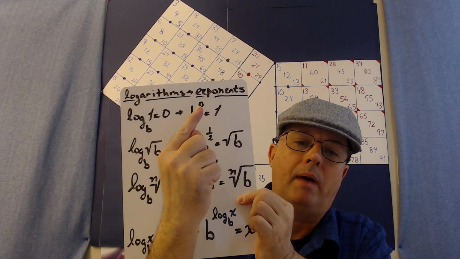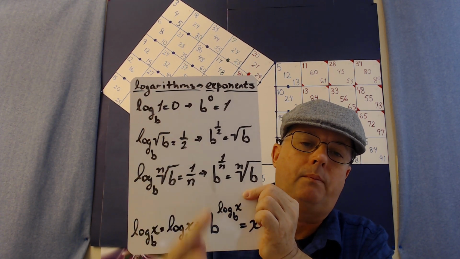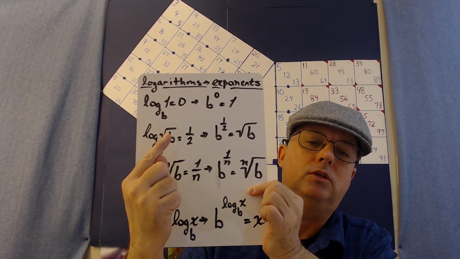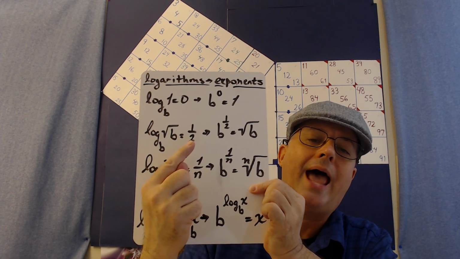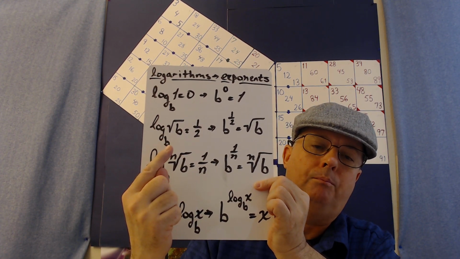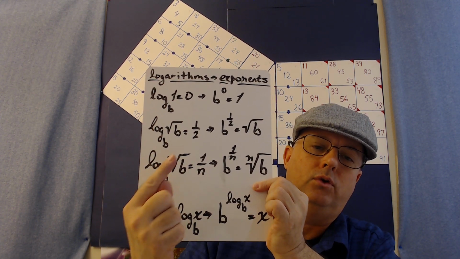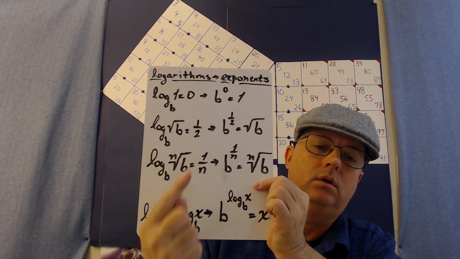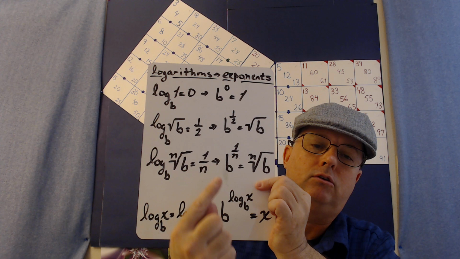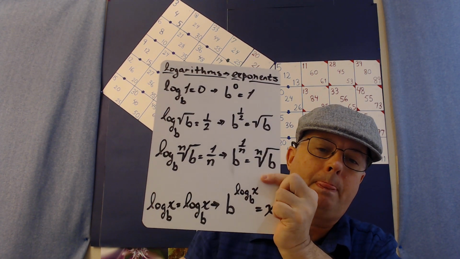Well, it's the 0th power of b that makes 1. So log base b of 1 is 0. How does b become the square root of b? Well, it's the 1/2 power. Talked about that on a previous video. So b to the 1/2 is the square root of b. And then if you want some nth root, well then you say b to the 1 over n is the nth root of b.